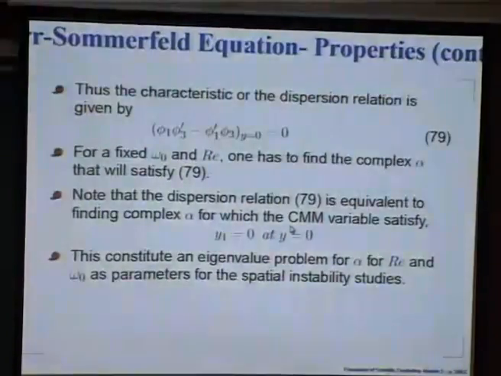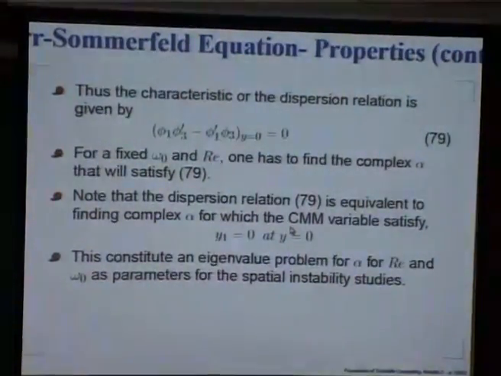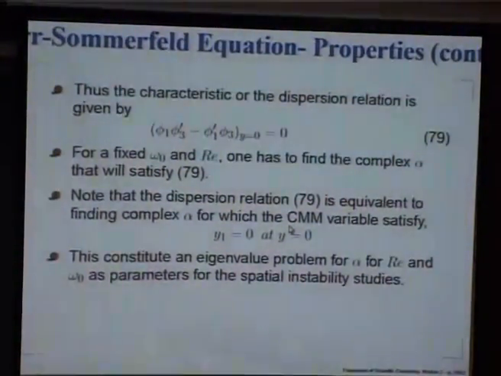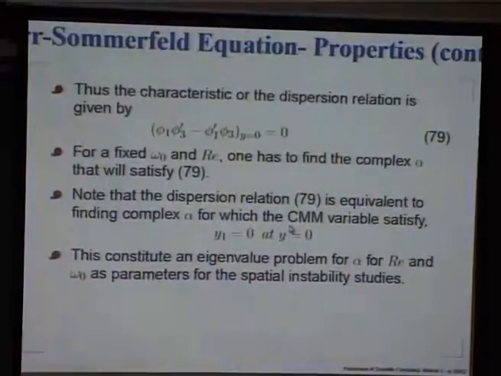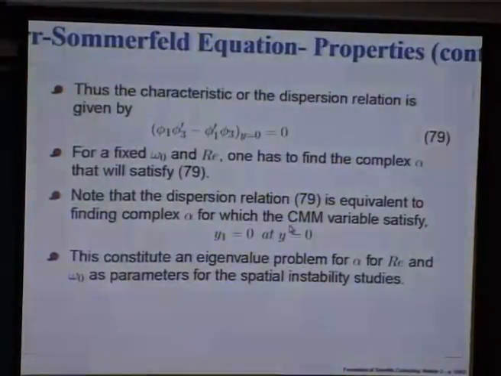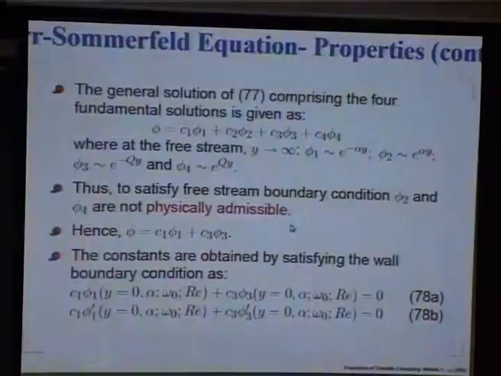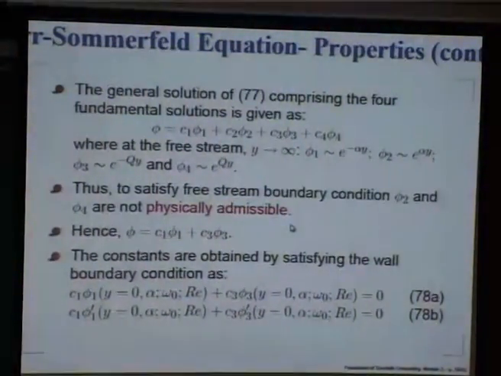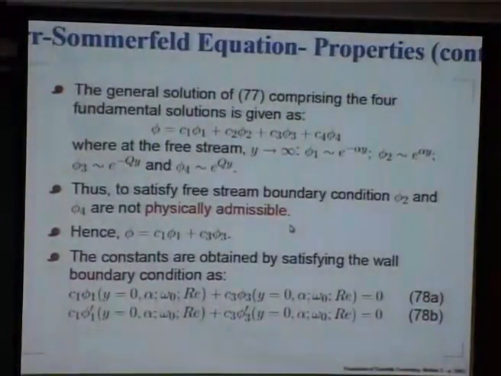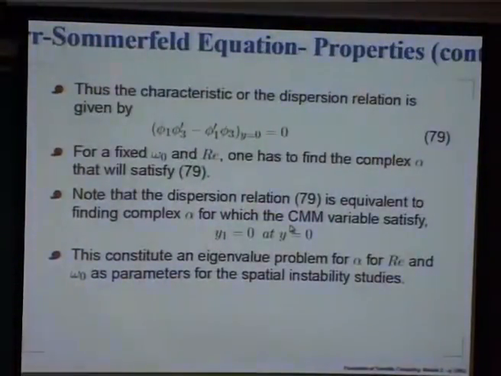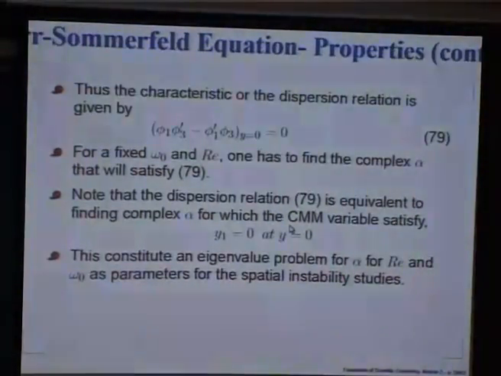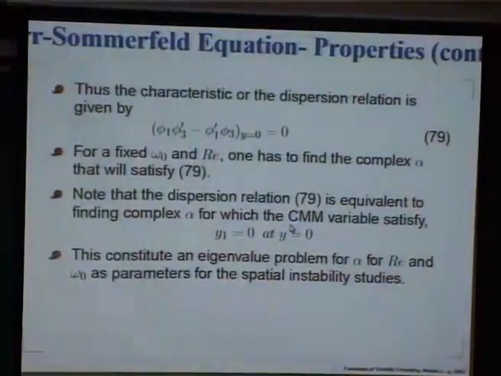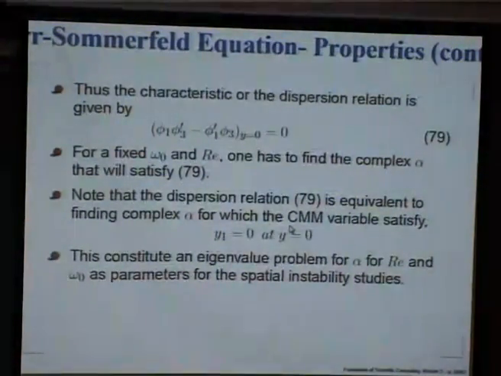So, that determinant in the denominator is this, right. If I switch back, you can see that is nothing but this phi 1, phi 3 and phi 1 prime, phi 3 prime. If I take that, that is what we are going to get, and that is your characteristic relation.